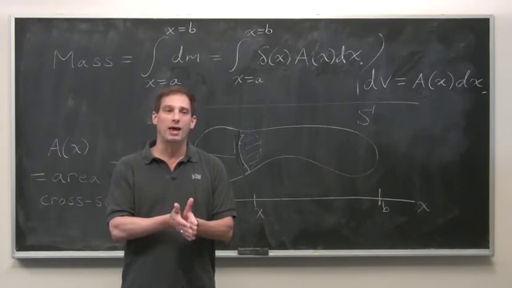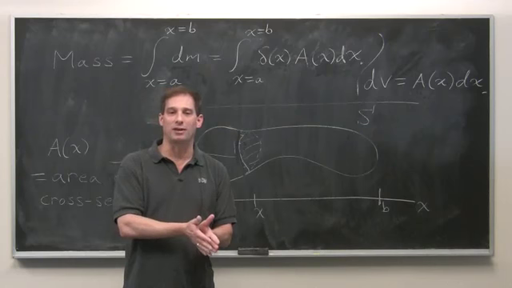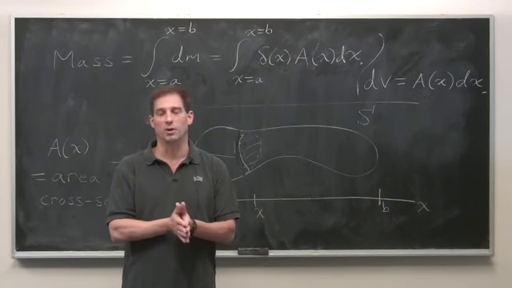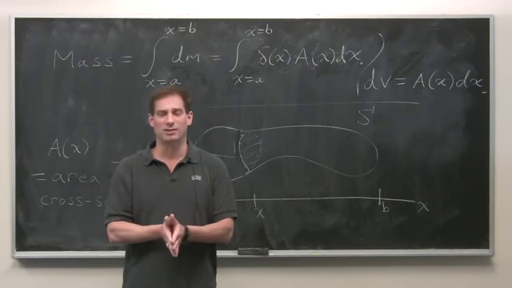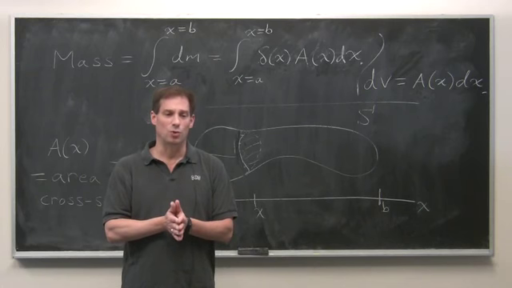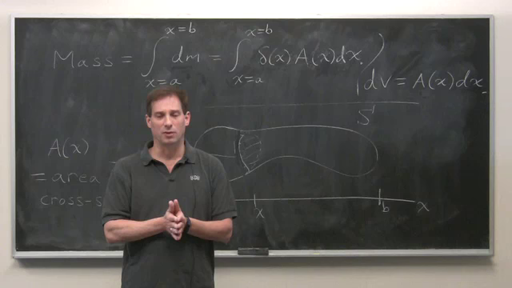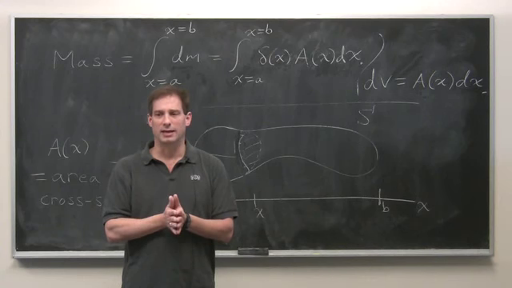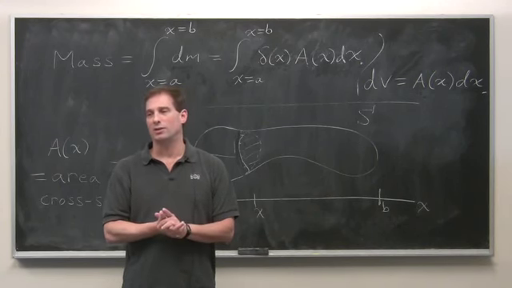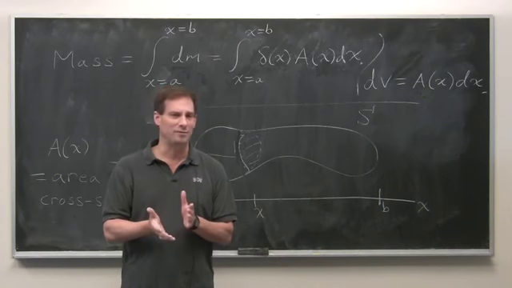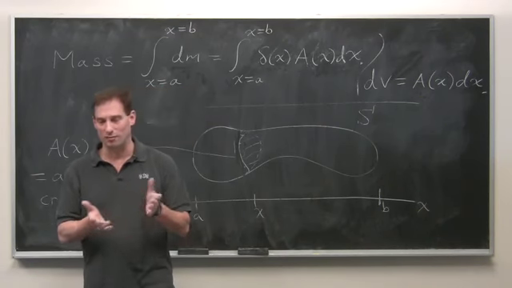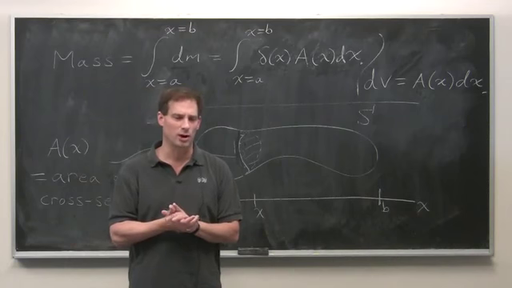But weight is the force that gravity exerts on a mass. So it's the mass times the acceleration of gravity. So weight is a force, and for 1 kilogram, to get its weight, you would multiply times the acceleration of gravity, so that's roughly 9.8 meters per second squared.